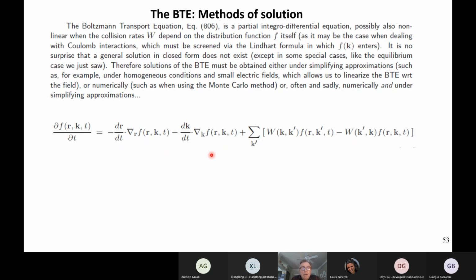In principle, I can recover the entire information contained in the distribution function by looking at all the moments up to infinite order. In practice, I can stop at whatever moment is suitable for the physical goal that I have in mind. So for a long device with small electric field, I don't care about the average energy.